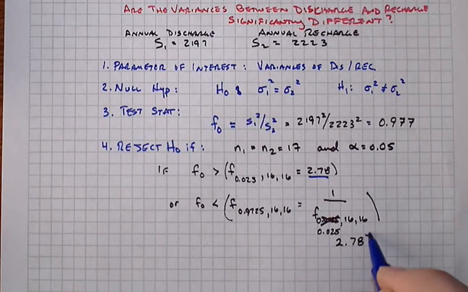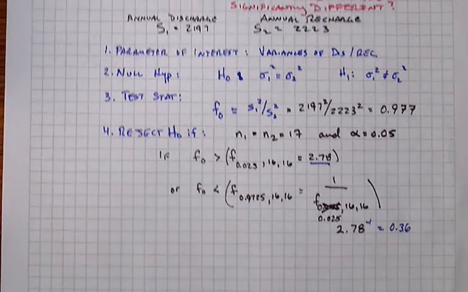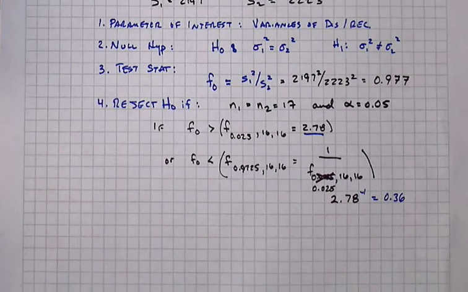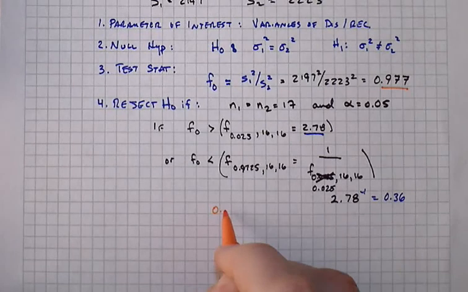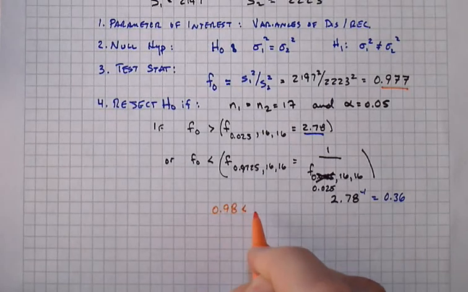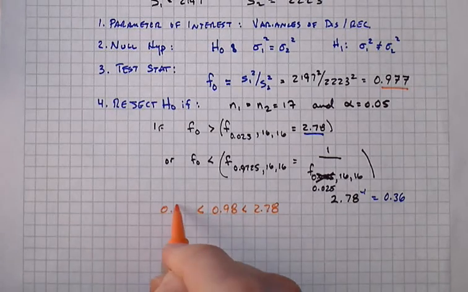So the reciprocal of 2.78 is about 0.36 or so. So clearly then we have an F statistic of 0.97, 0.98, which is between 2.78 and 0.36.